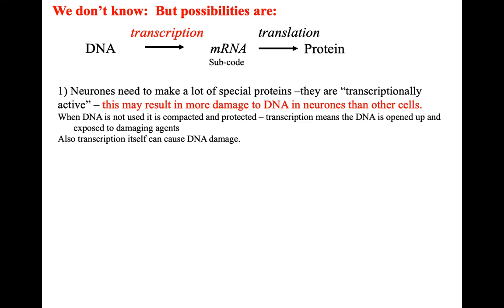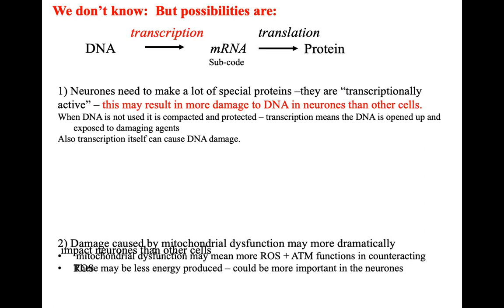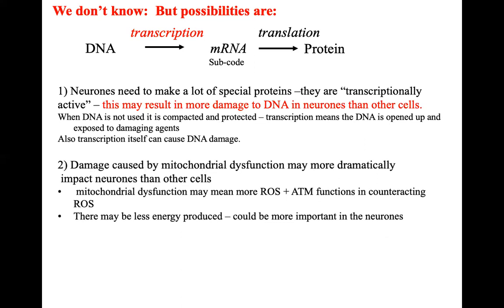But also the very active transcription can cause DNA damage. I might just go back because I don't think I explained it that well, but I told you that we lose this Purkinje cell layer in AT, but other cells function perfectly fine.